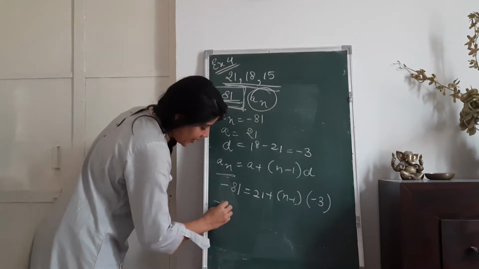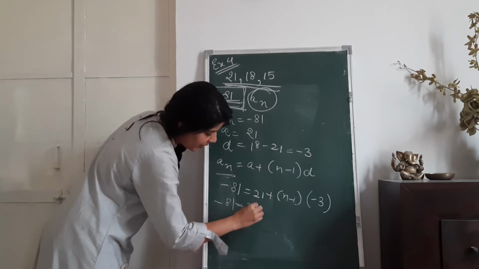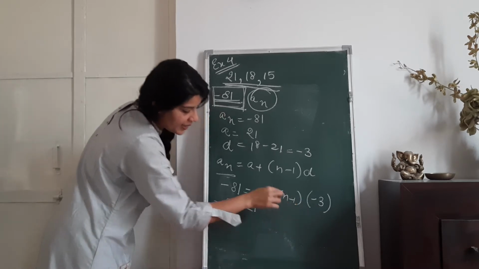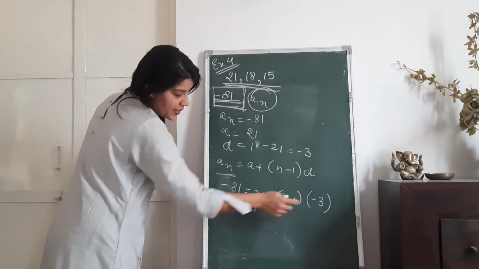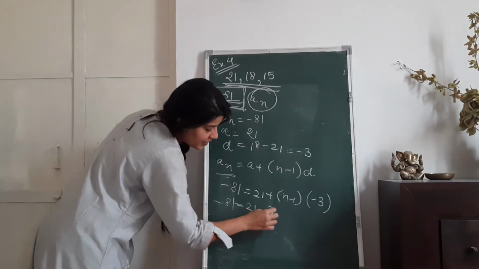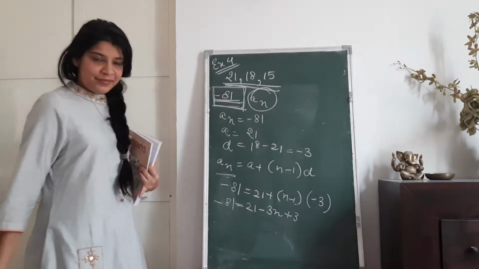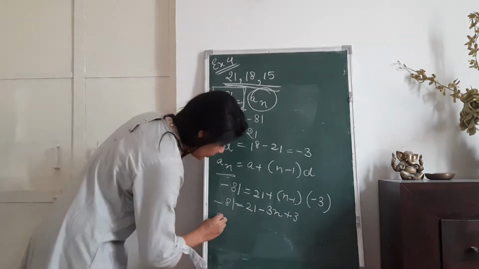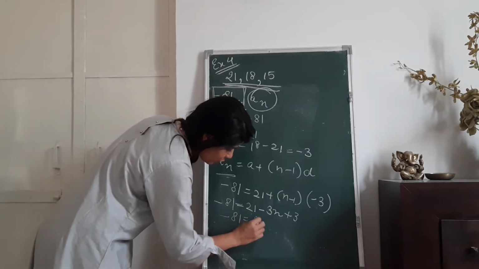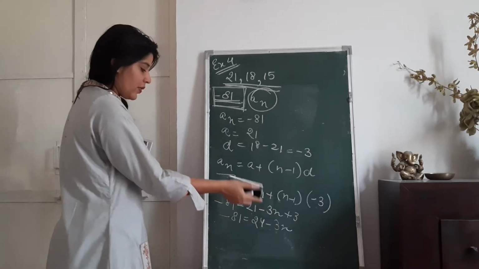So minus 81 is equals to 21. Multiply this with this. That is minus 3n, because this is minus, so this sign will change. Minus 3n plus 3. Okay? 21 plus 3 is what? 24. Minus 81 is equals to 24 minus 3n. Right?